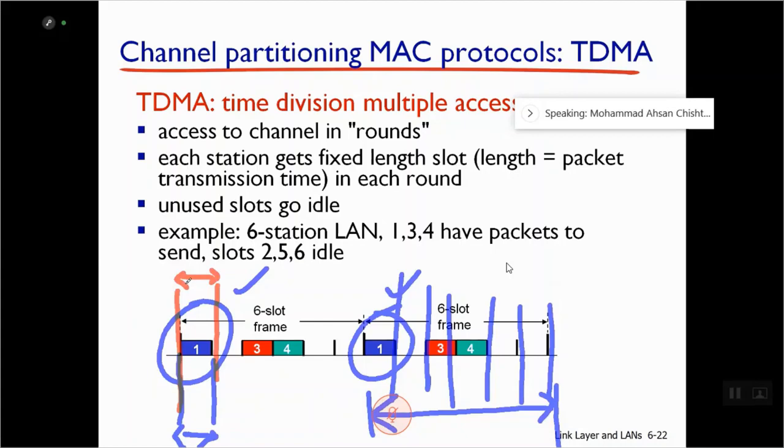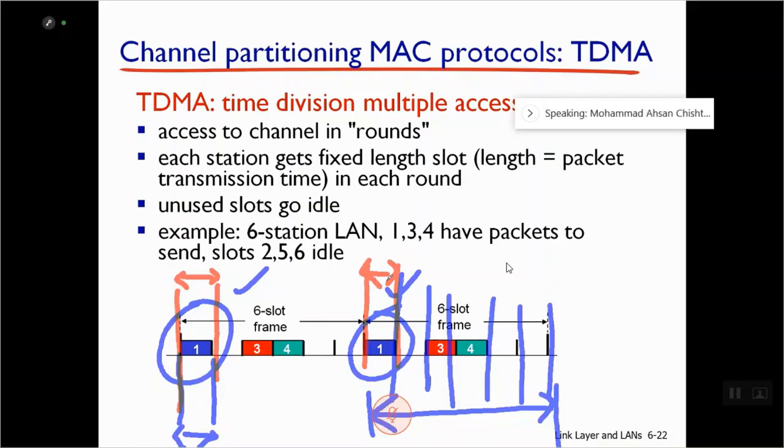It's typically chosen so that you don't have to partition the frame and send half of a frame here and then half of the frame there. I repeat, we have a frame here in TDMA. This frame is a time-based frame. You break them into slots, and the size of each slot is chosen so that a single packet or a single frame of data link layer can be transmitted during that time slot.